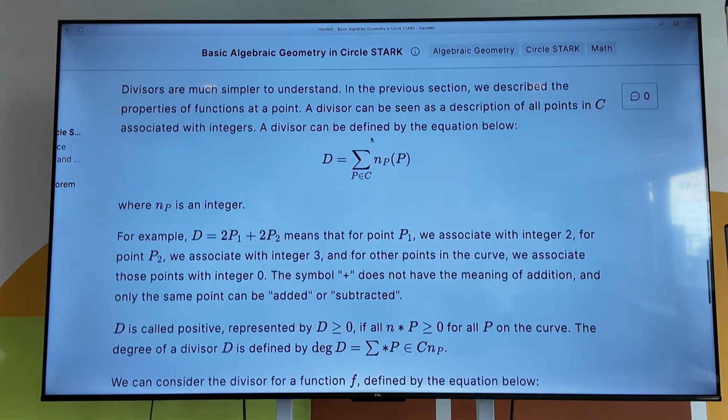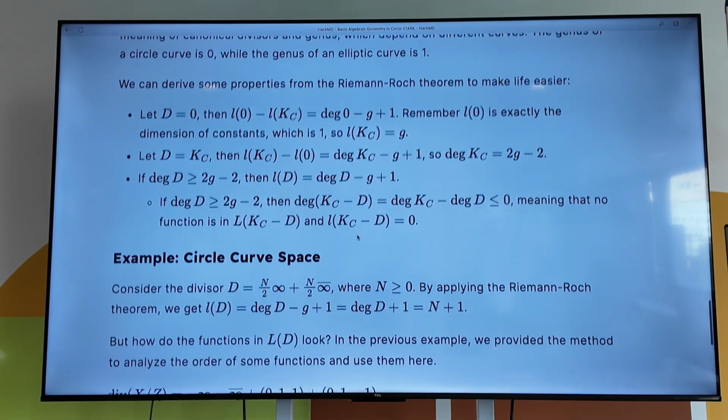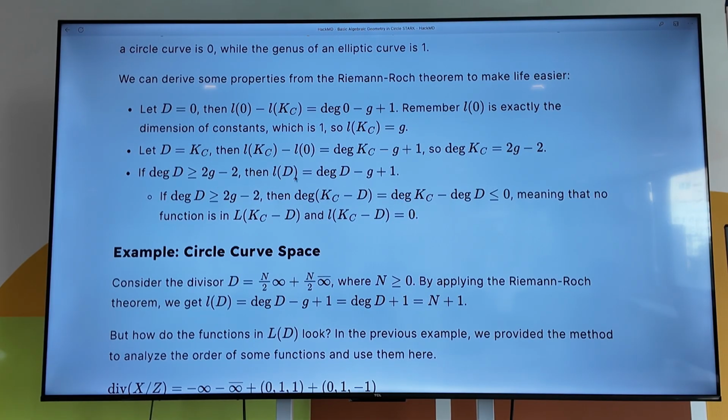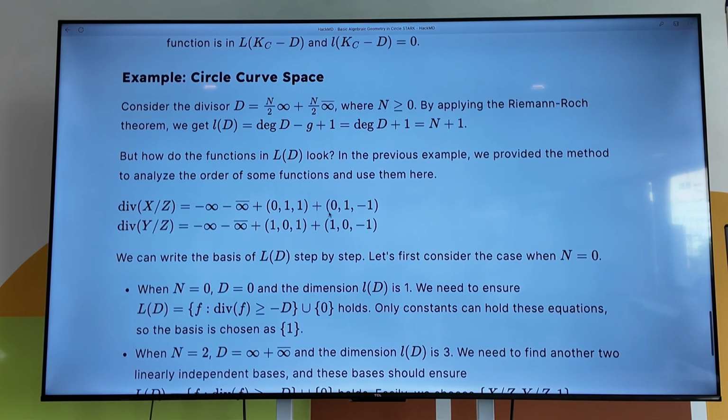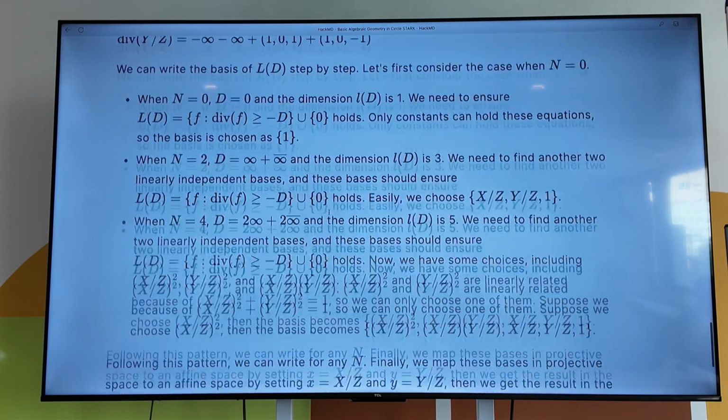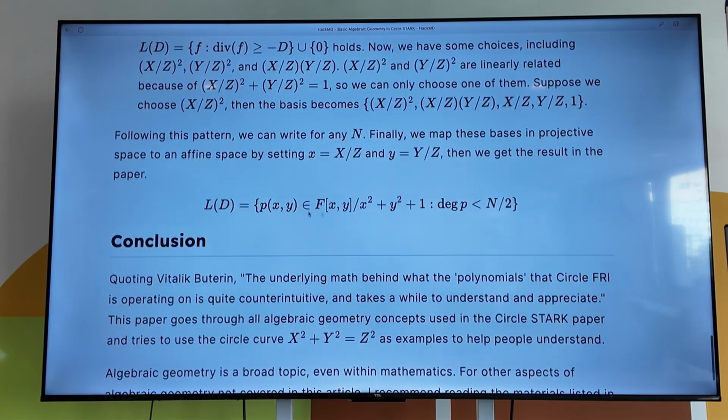So we can easily get the dimension of the vector space by this equation, and it turns out to be n plus 1.